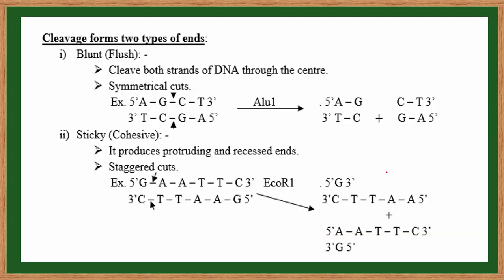Restriction endonucleases form cuts of two types: one is blunt and the second is sticky. If the two strands are cut symmetrically, this is called a blunt cut. If both have a cohesive cut, then this is called a cohesive or sticky type of cut. Here it cleaves both DNA strands through the center, and this is a symmetrical cut.